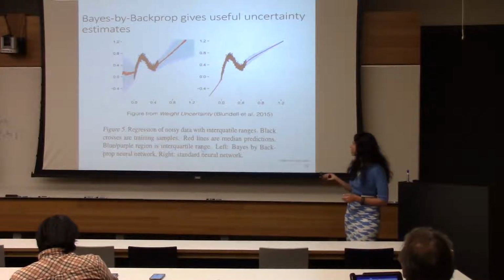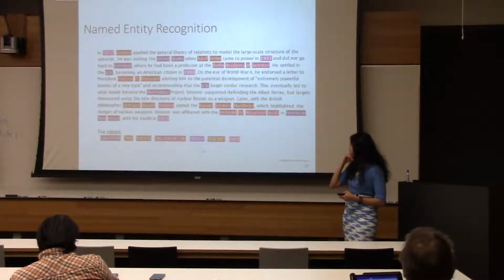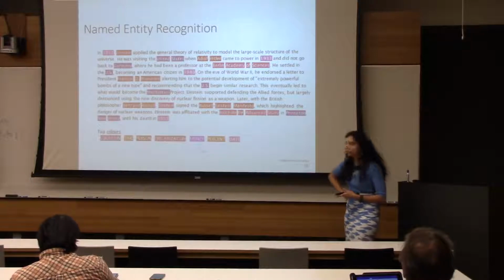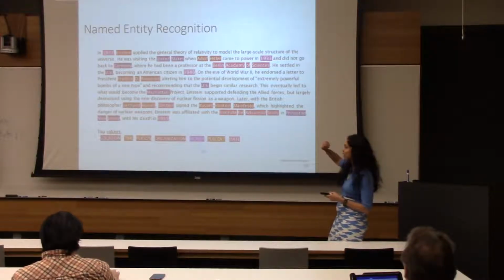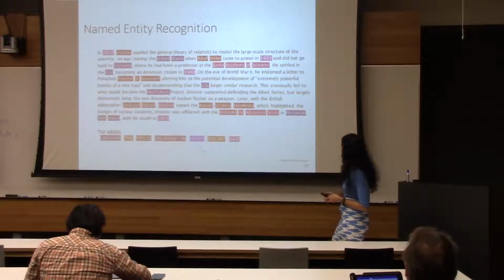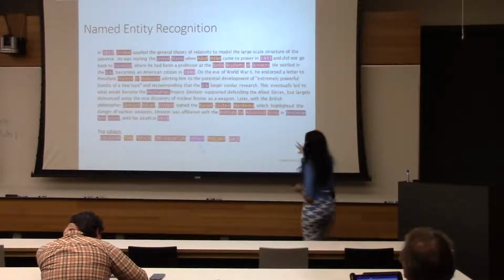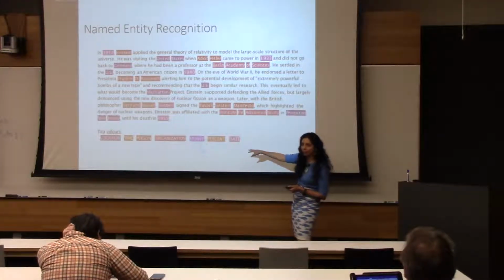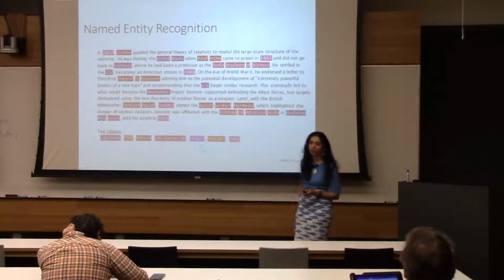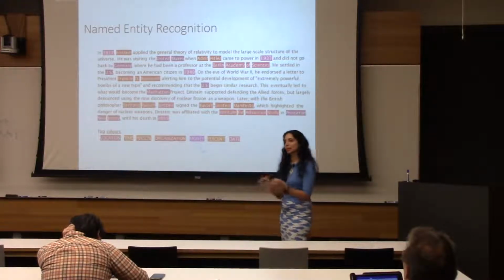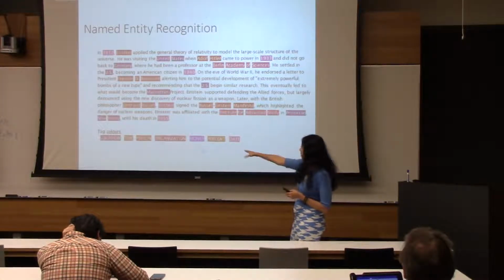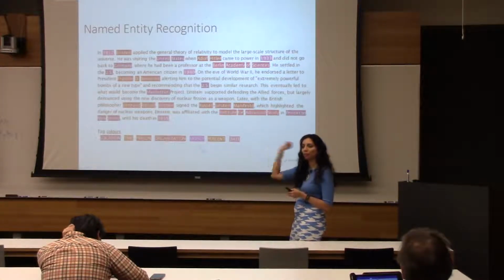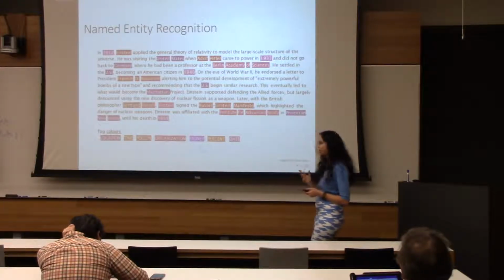One of the things we did, which I was personally involved in, was the task of named entity recognition, where you go to a piece of text and say whether something is an entity and then classify the type of that entity. The idea is there are some special structures within your text document, like a person or a location, that are more important. This is really the crucial information in the document that you want to extract.